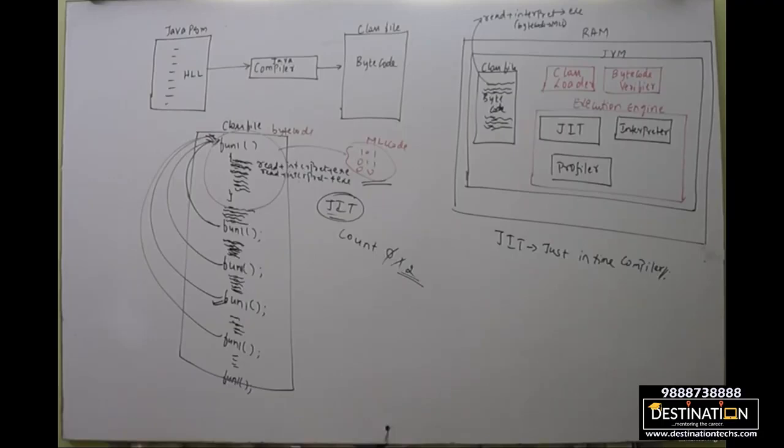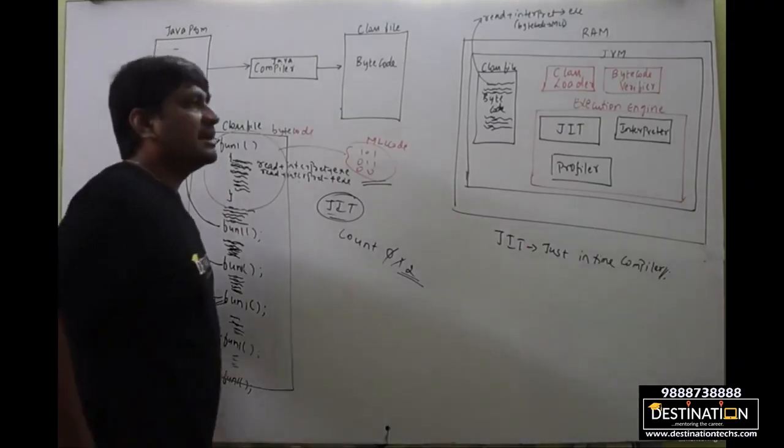Next subpoint, JIT. JIT stands for just-in-time compiler. Whenever repeated method calls occur.